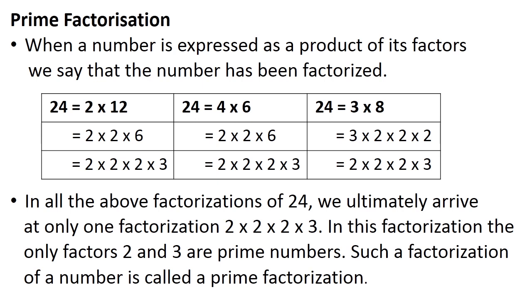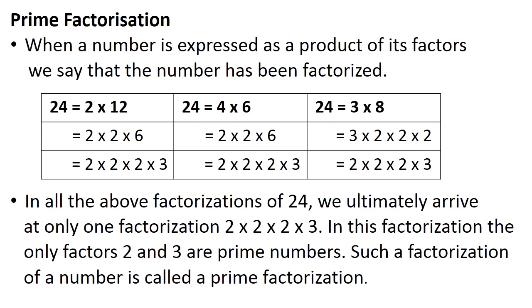The others are 24 is equal to 2 multiplied by 12, is equal to 2 multiplied by 2 multiplied by 6. In place of 12, we write 2 multiplied by 6, is equal to 2 multiplied by 2 multiplied by 2 multiplied by 3.